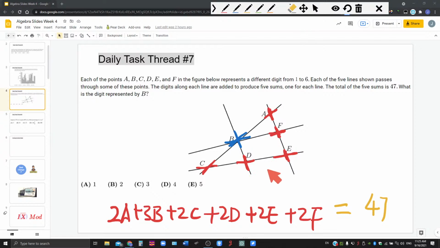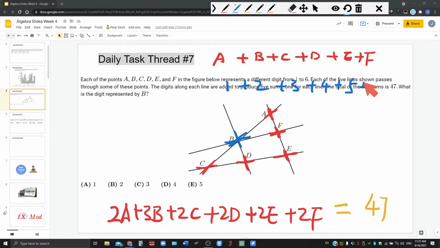All right, so far we understand the situation and we have an equation in place, but still, how can we solve it? Now, there's a hidden relationship. Note that A, B, C, D, E, F, they are different digits 1 through 6. We don't know which is which. However, even though we don't know which is which, if we add them up, it's going to be the same as 1 plus 2 plus 3 plus 4 plus 5 plus 6, right?